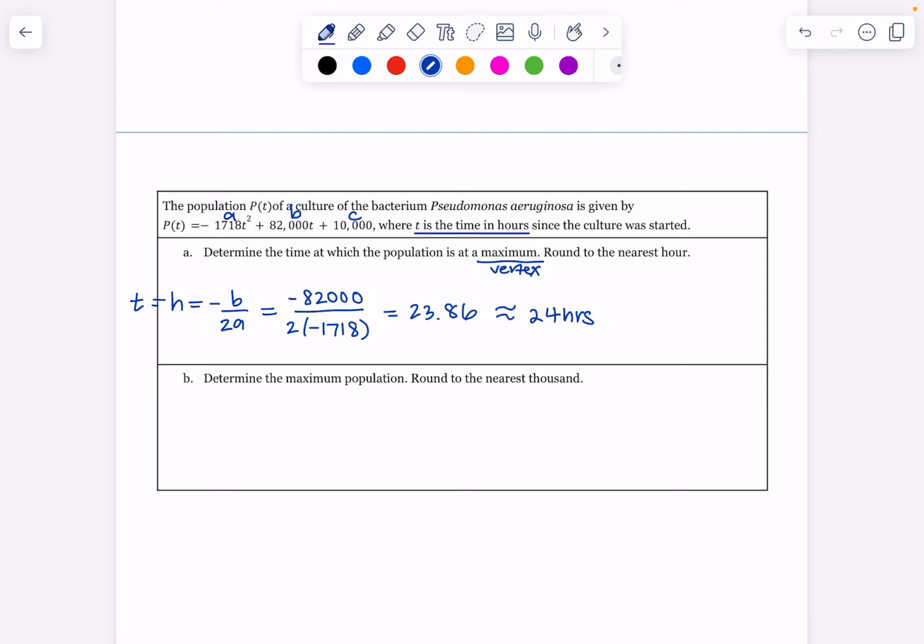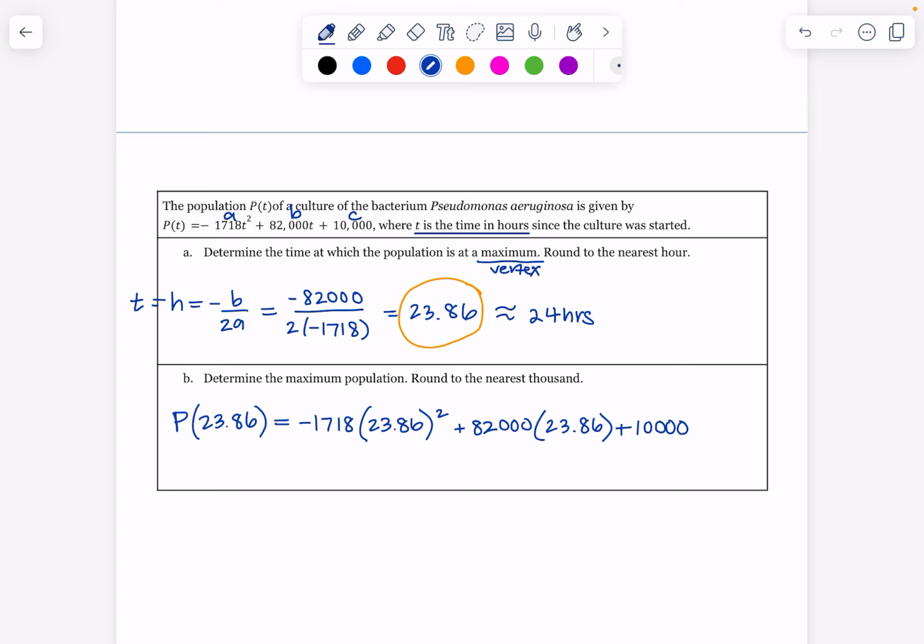And it says determine the maximum population, so we're going to plug in that 24. I'm going to plug in this number to be safe, but it's probably going to be pretty close if you just plugged in 24. So p of 23.86 is equal to negative 1718 times 23.86 squared plus 82,000 times 23.86 plus 10,000. And again, I'm going to use my calculator because I do not want to mess that up.